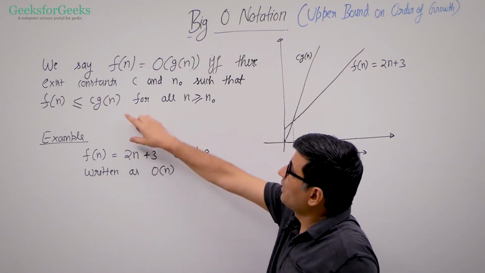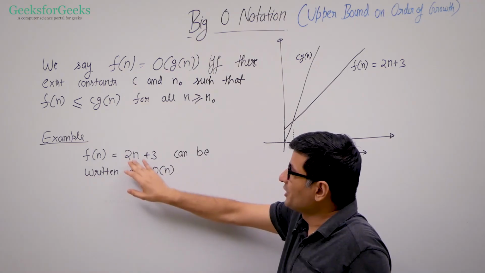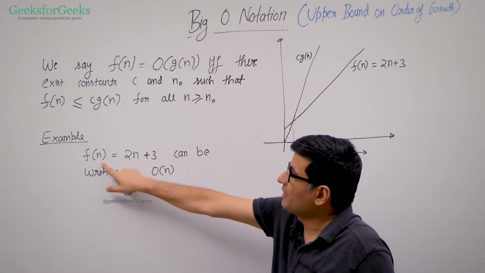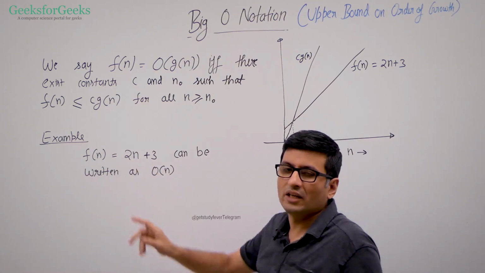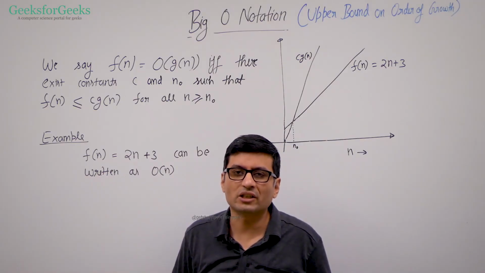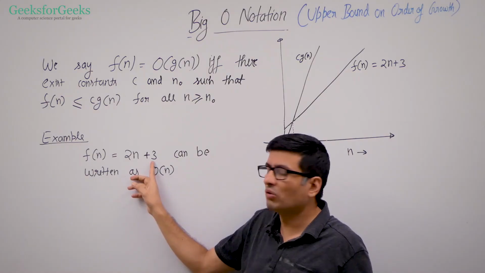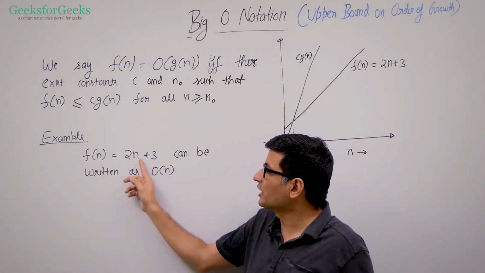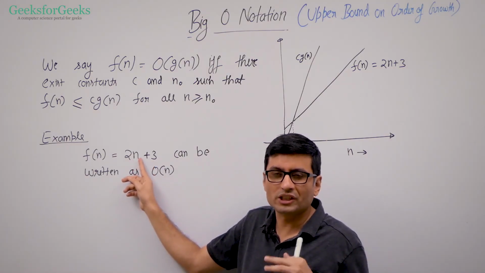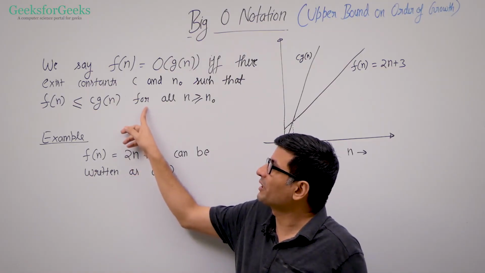So let's apply this definition to a function. We have F(n) equal to 2n plus 3, and using our direct method, we can find out it is Big O of n. We ignore the lower order term, we ignore the constant, and we have only n left, so we say it's Big O of n. Let's see how it is mathematically correct.